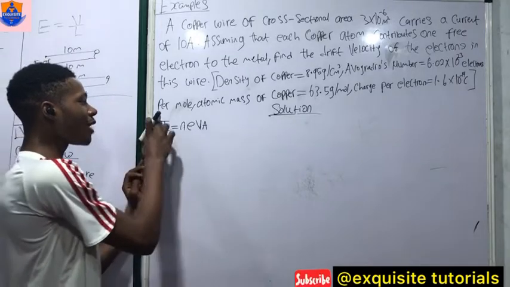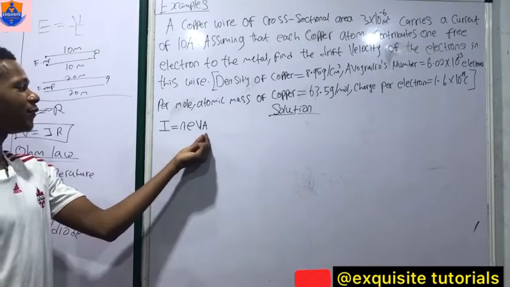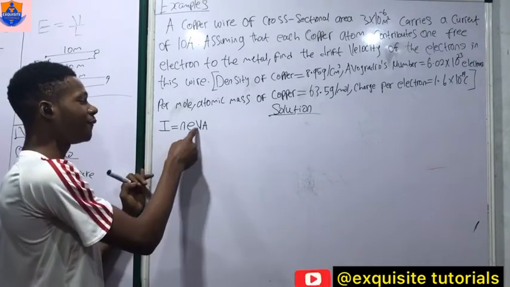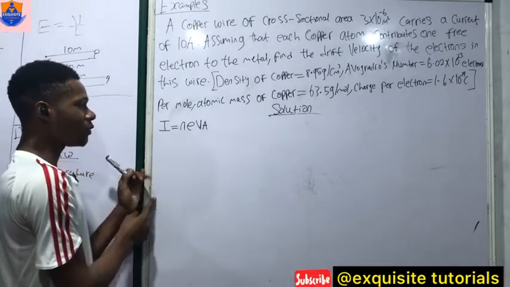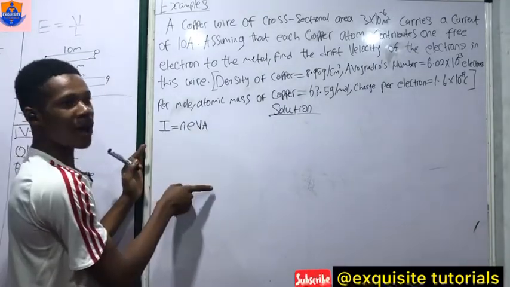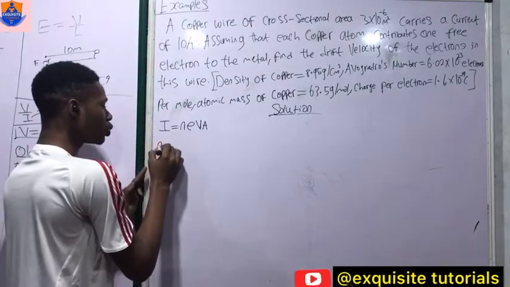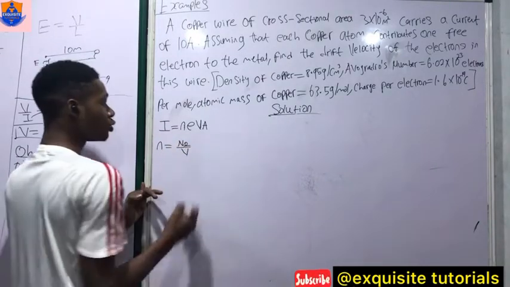Now, we've derived this formula on the board initially: I is equal to NeVA. Remember, I is the current, e is the charge of an electron, V is the drift velocity, A is the area, while N is the number of atoms or electrons per unit volume.